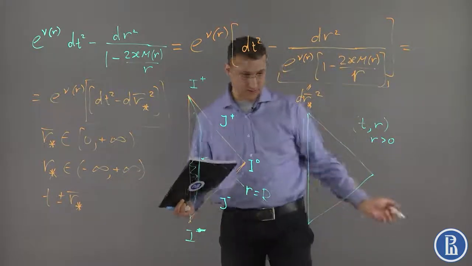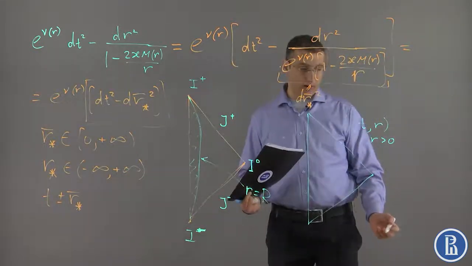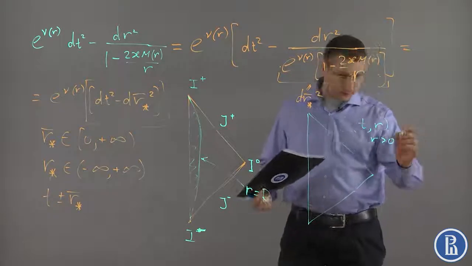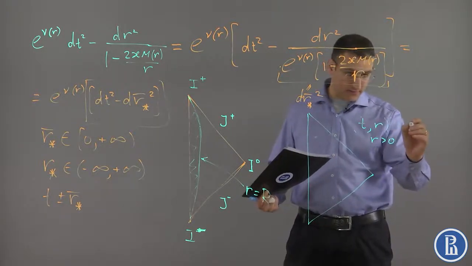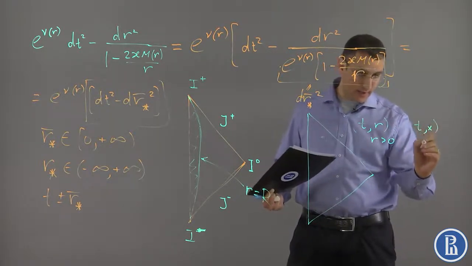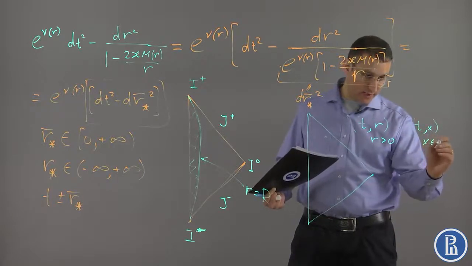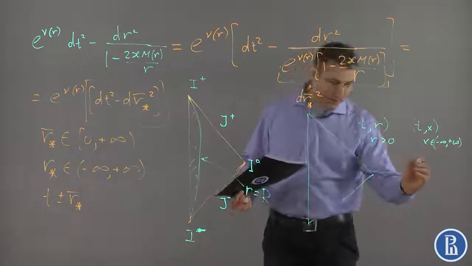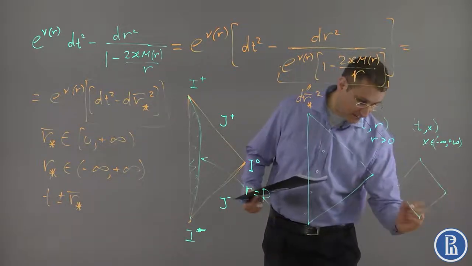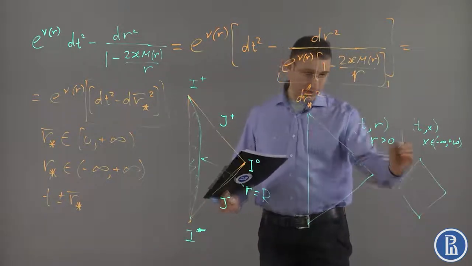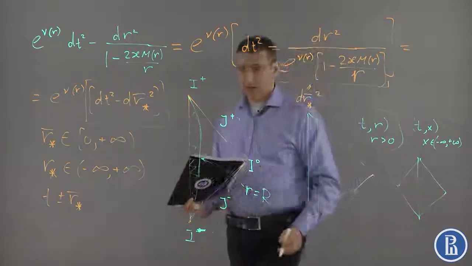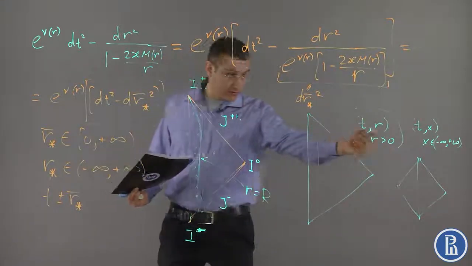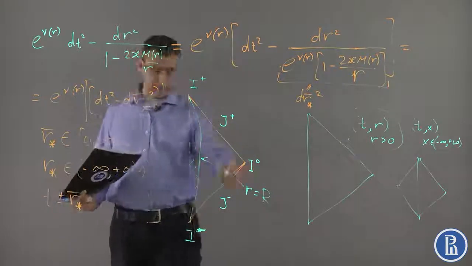It's just half of the square. And you remember that for t and x, where x ranges from minus infinity to plus infinity, we had this Penrose diagram. So for this case, we have only half of it.